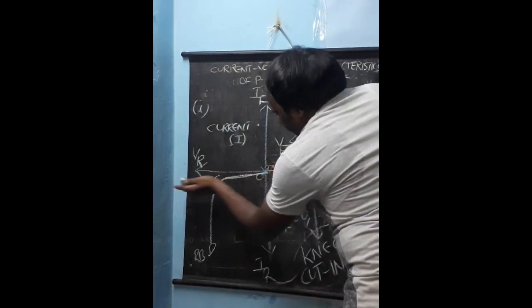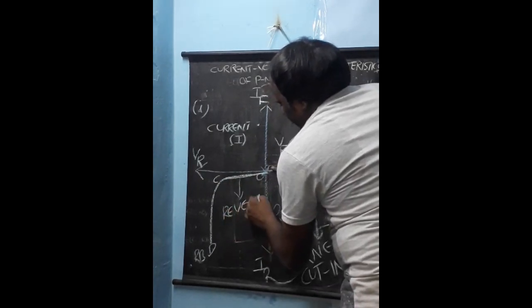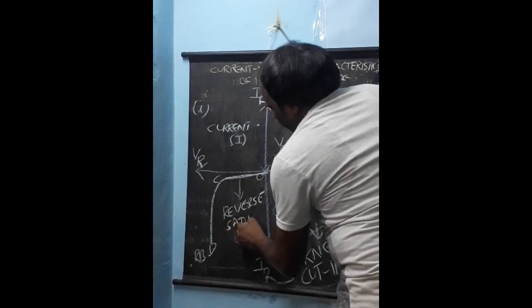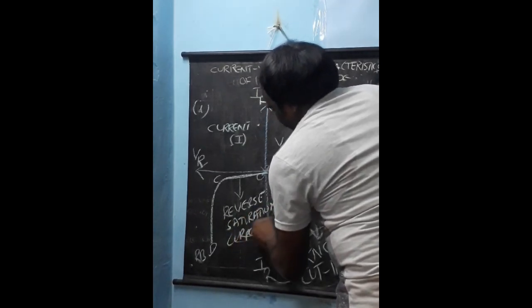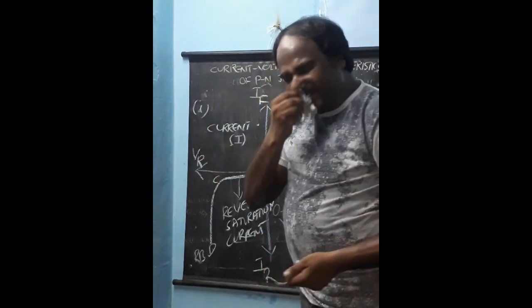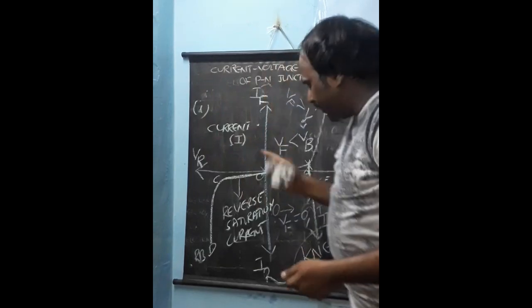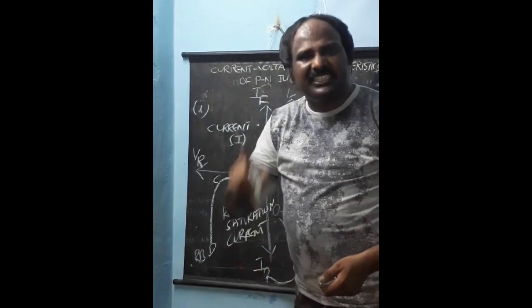Such a constant current is called reverse saturation current. Such a current which remains constant, which moves constantly from O to C, is called reverse saturation current.